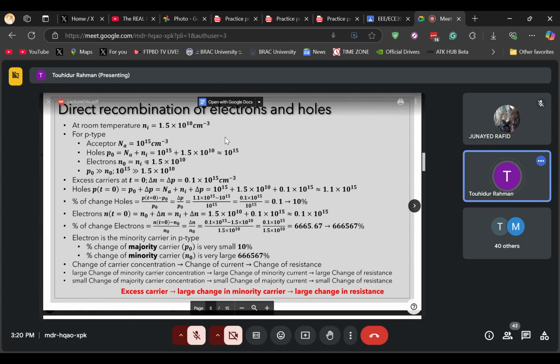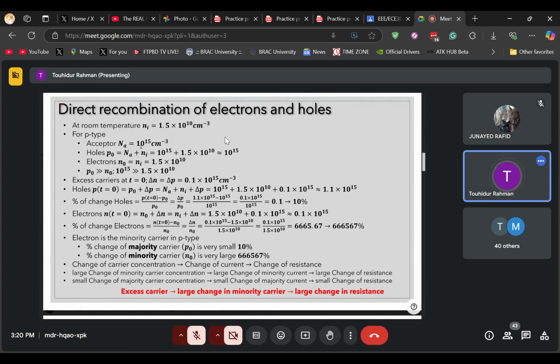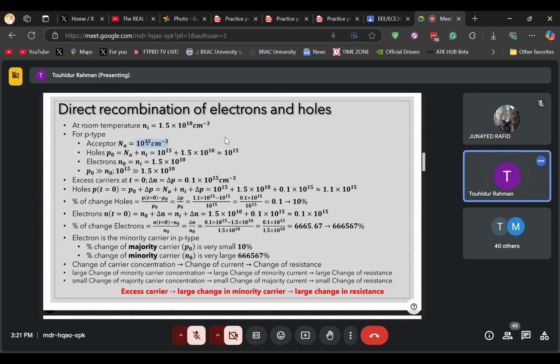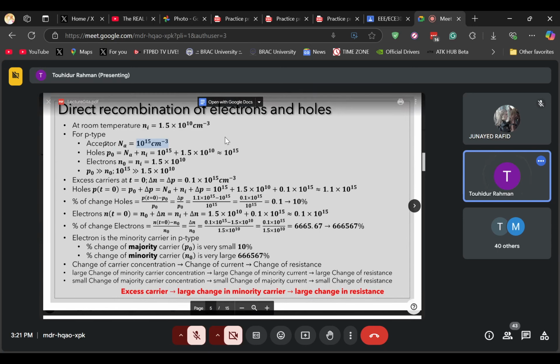Now I always mention that the equation ni squared equals n0 p0 is very important. Why is that? Here the value for ni is given, also the acceptor concentration is given, and we are considering 100% ionization, so holes p0 will be equal to 10 to the power 15, the acceptor number.